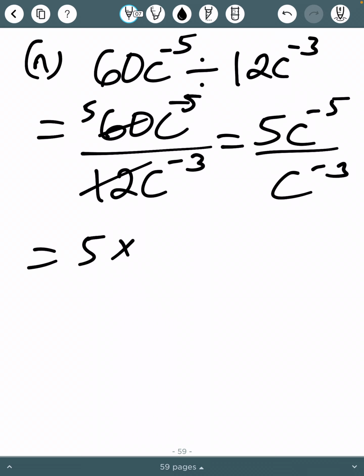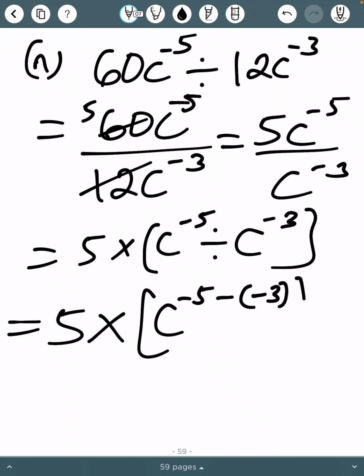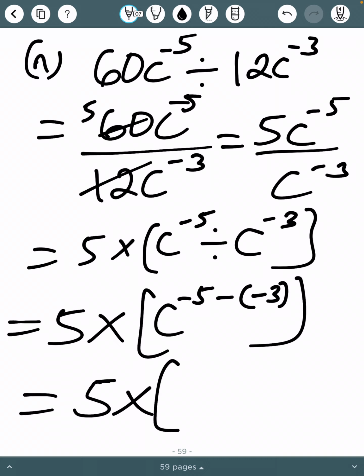That's the same thing as 5 times c raised to power minus 5 divided by c raised to power minus 3. So that's 5 times c raised to power minus 5 minus 3, minus 5 minus 3. So that's 5 times c raised to power minus 5 plus 3.